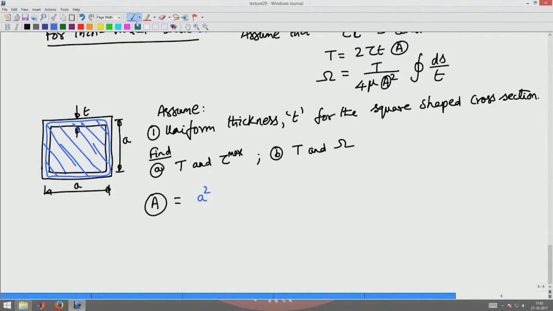Then my torque is related as T equals 2 tau T A square.